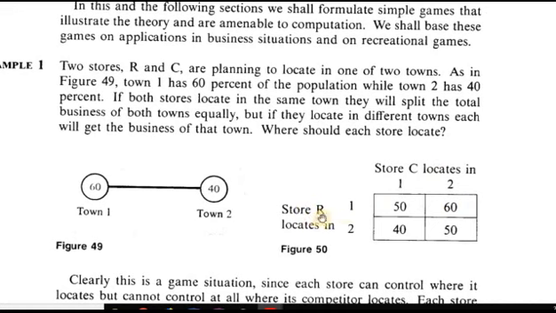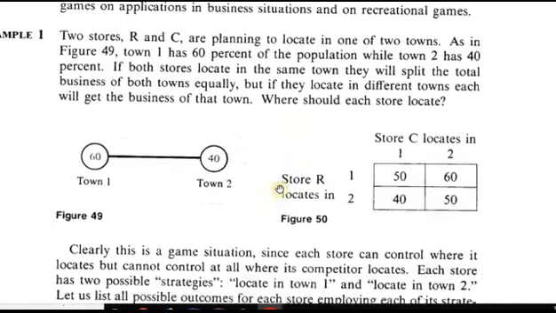All right. Similarly, if store R locates in town 2, he gets 40% of the business, and that means that store C loses 40%, but he gains 60%. Right? And if store R and store C both locate in town 2, they both get 50%. Okay. All right.